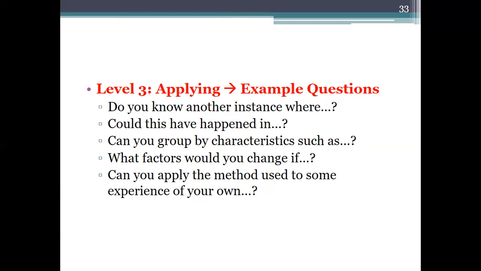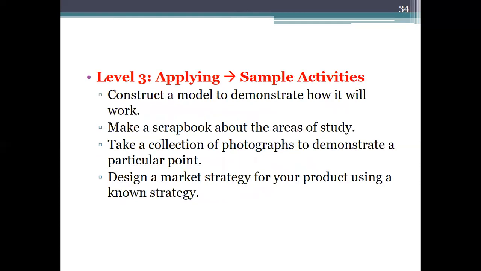Can you apply the method used to some experience of your own? Now, if we look at these questions, all of them have a new situation compared to the previous one, but it is familiar to the previous one, and they will use the level 1 and level 2 learning to cope with this new situation, which is not different, but it's new for them.